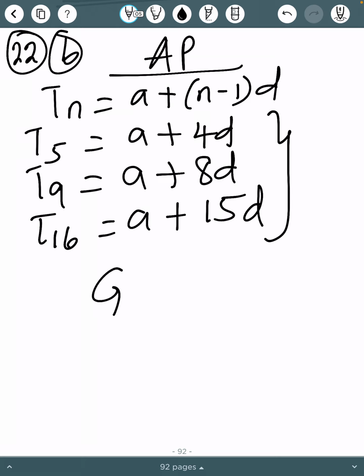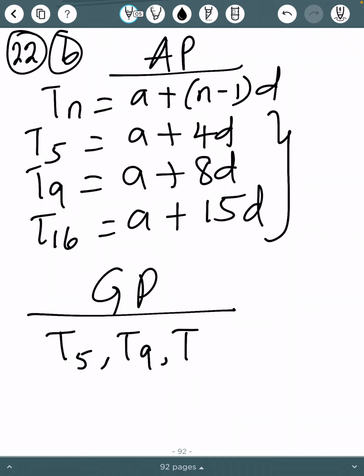If these terms are consecutive terms of a GP, that means T5, T9, and T16 of the AP are consecutive terms of a GP.